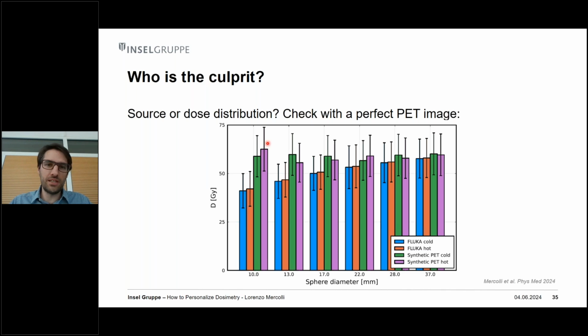The spill out is not modeled, so for the smaller spheres, the semi-Monte Carlo will always overestimate the dose. However, as the sphere diameter increases, the spill out dose becomes less relevant, and we have almost the same dose from the full Monte Carlo simulation compared to the semi-Monte Carlo.